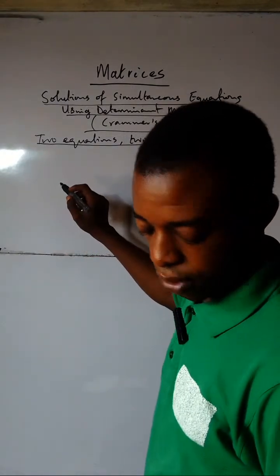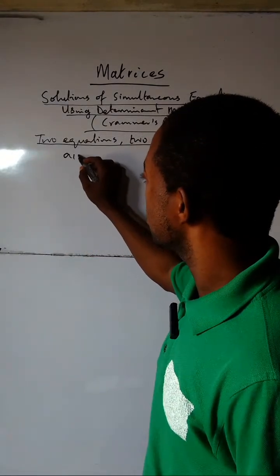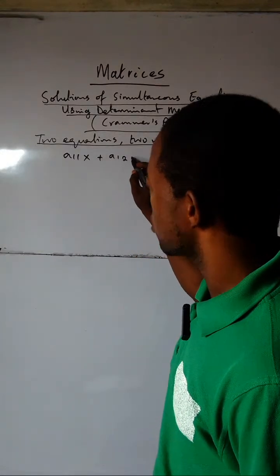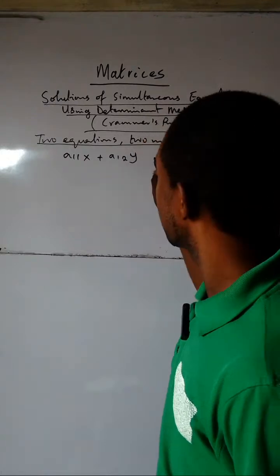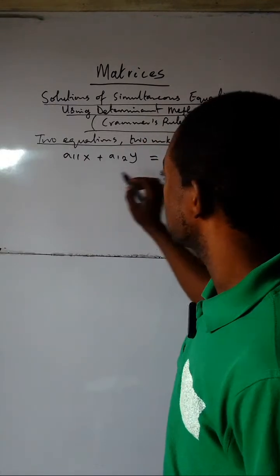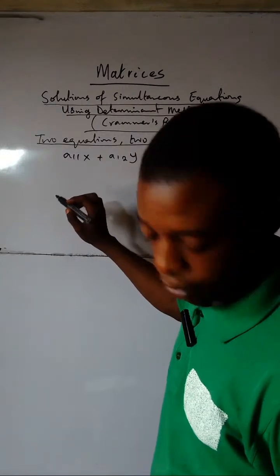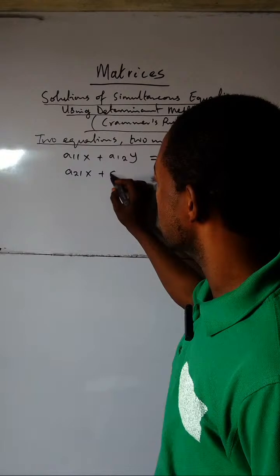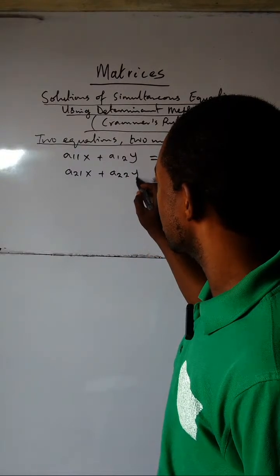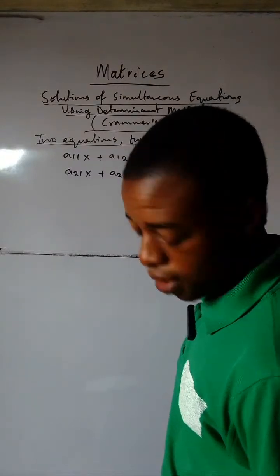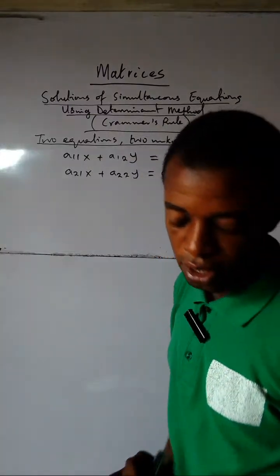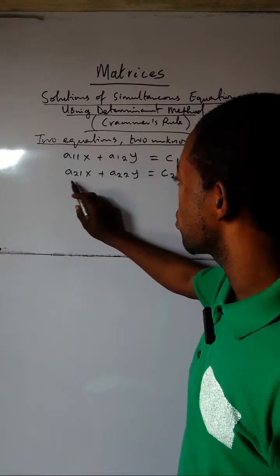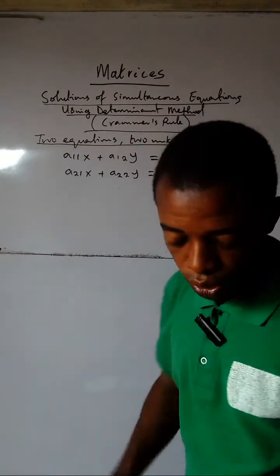We have a11 x plus a12 y equals c1, and the second line we have a21 x plus a22 y equals c2. Here c1 and c2 are constants, and a11, a12, a21, a22 are also constants.